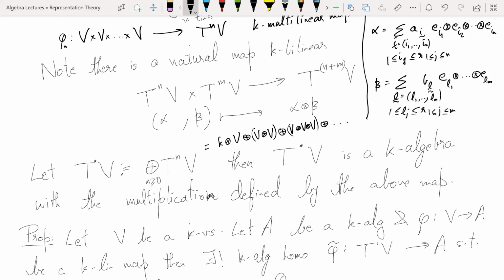Of course, not every element of the tensor algebra is an element of T^n V. What you can say is you can decompose it as sums of such elements.